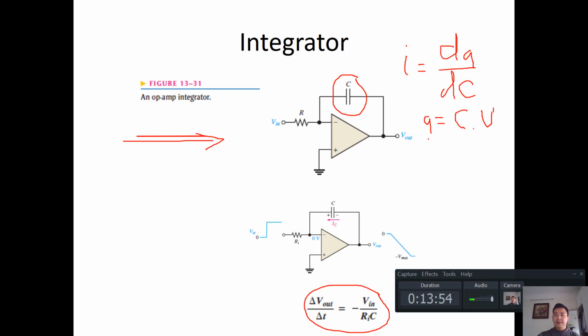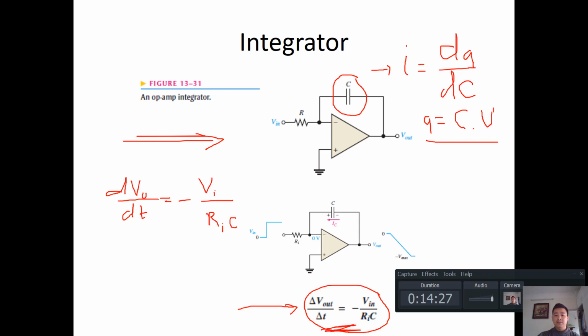By using this you can replace q in these equations, and finally you can have this equation, meaning dV out over dt equals minus V in over R in C. I am just retyping this formula.